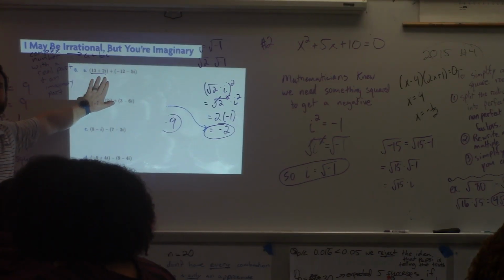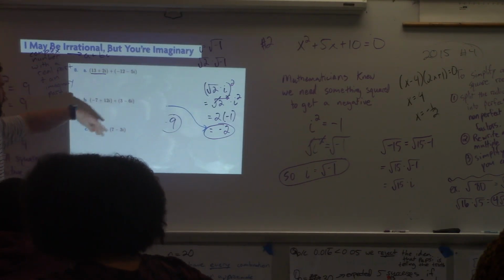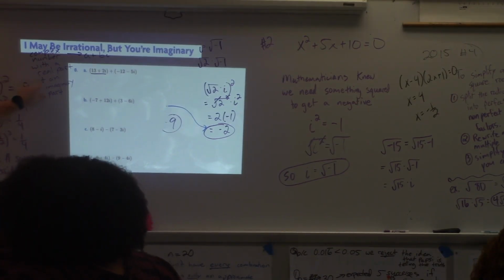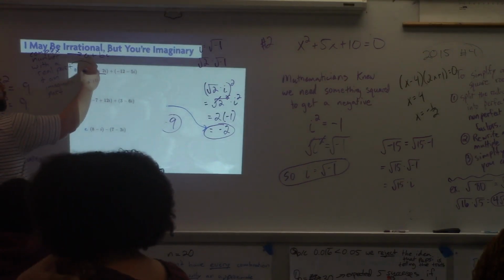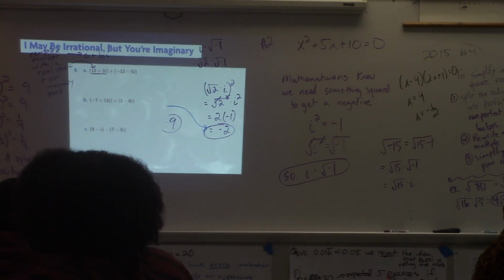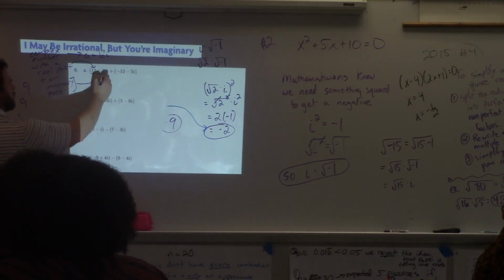Just the 13. Remember though, the whole point of i is that it is imaginary. Remember there's a real part and an imaginary part, not a fake part, imaginary. The real part is the 13. The 2i is the imaginary. That's it.